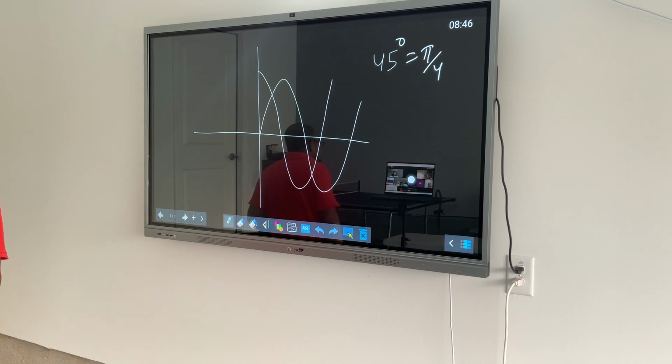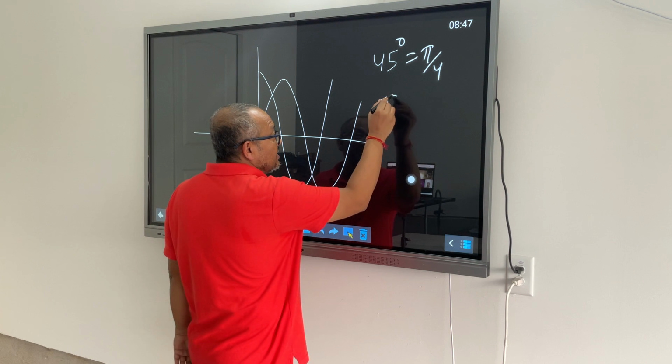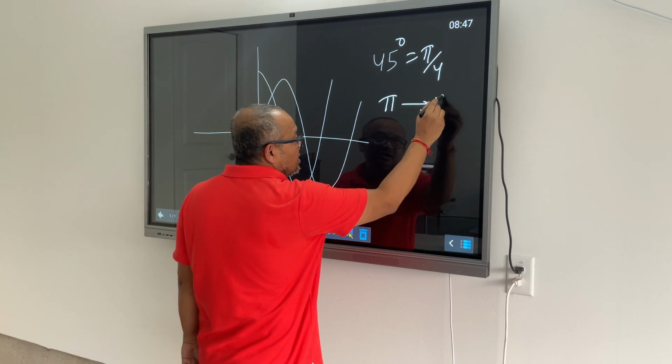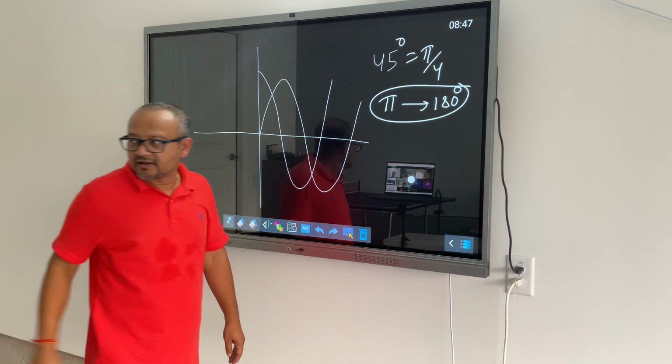Let's see what Sika says. 90-degree angle. Say one more time. 90 degrees is equal to pi over 2. 90 degrees, pi over 2, yes. So remember this thing. Pi radian is equal to 180 degree, always. Now you can do your math.